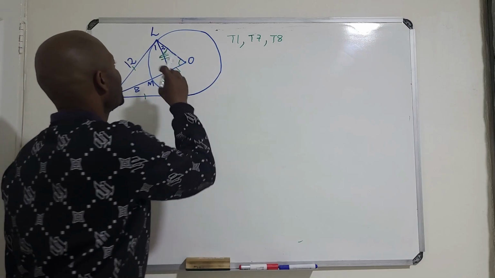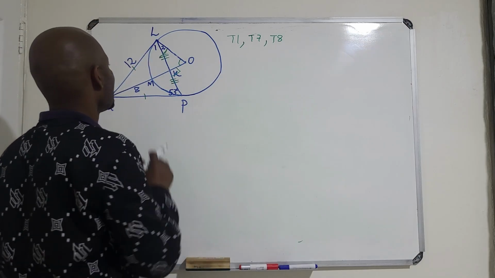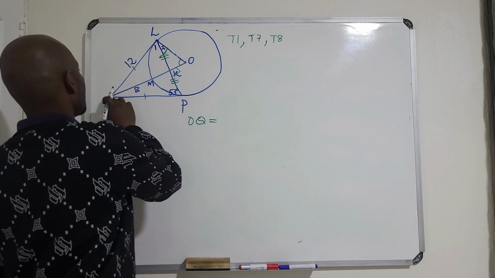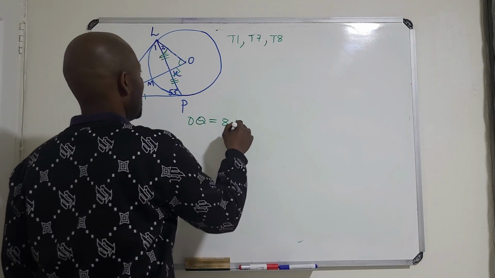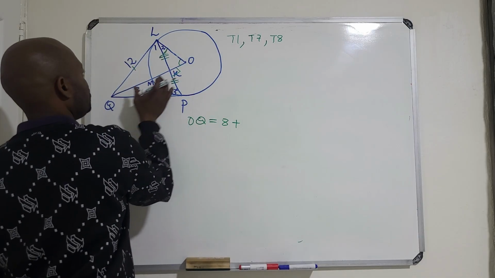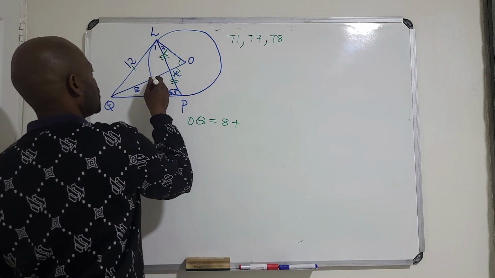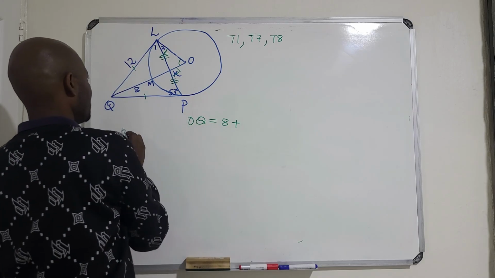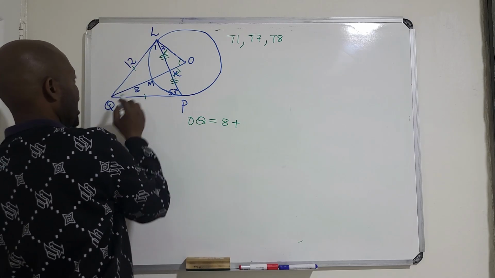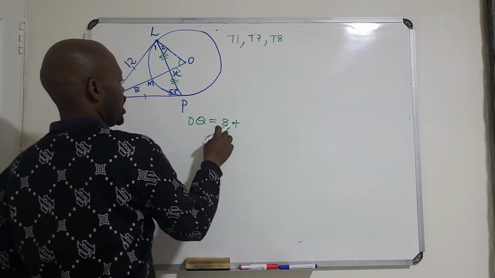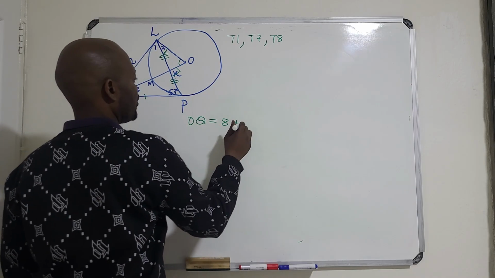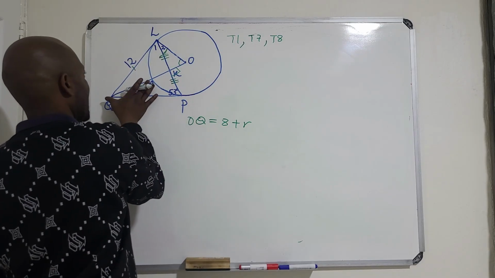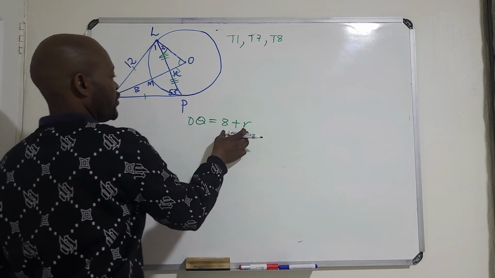The first thing I'm going to do is say OQ equals 8 plus the radius, because from here to here is the radius, and from here to there we're given that MQ is 8. So OQ is 8 plus the radius.